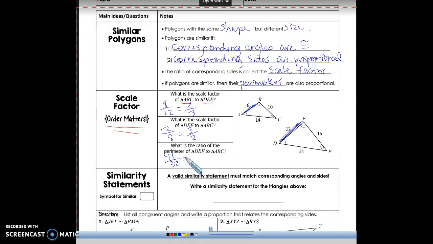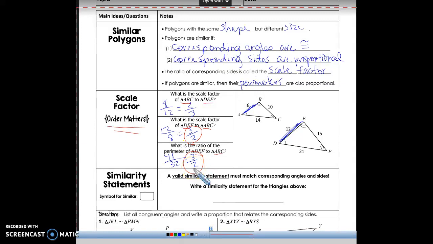If we reduce that, 16 goes into both of those. That gives me 3/2. Now, since this went DEF to ABC and the ratio of the perimeters was DEF to ABC, the scale factor should be the same for the sides and for the perimeter.